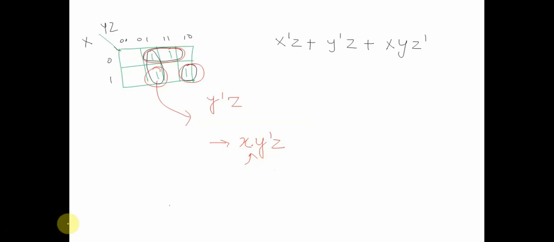And I wanted to show you one more example where more than one solution is possible, where you can get two solutions, but both of them are minimal sum of products. For example, let's assume we have an example where we have 1, 1, 1, 1, and 1. What would happen in such a case?